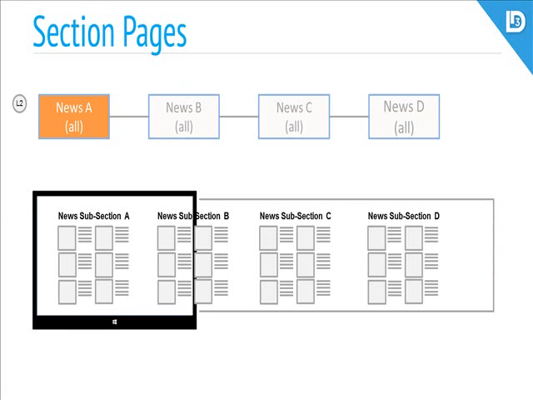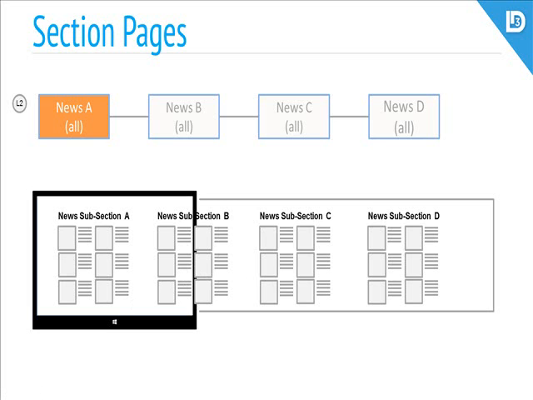The second level are the sections. I have the news section called out here, so if I chose the news section, I would land in an area that looks like this, and here I would have all of my subsections within news, maybe world news followed by local news followed by news section C, news section D, whatever they happen to be.